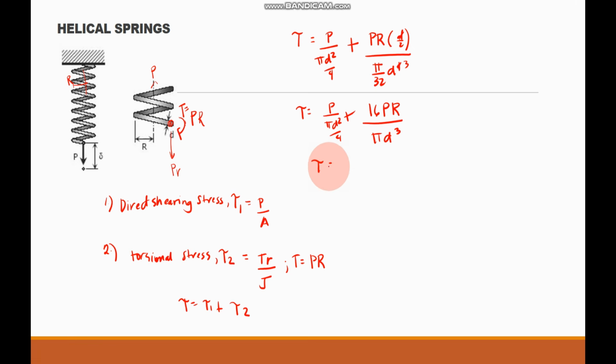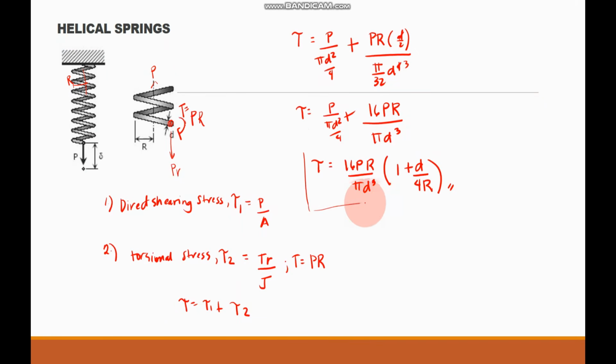And then, so we have 16 PR all over pi d cube, and then 1 plus d all over 4 multiplied by the mean radius. So this would now be our equation for the maximum shearing stress of helical spring.